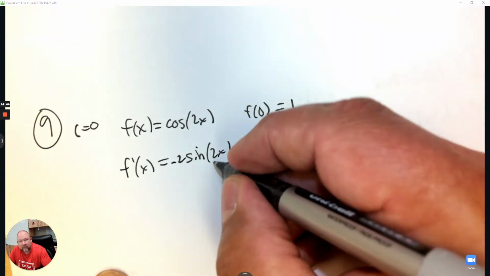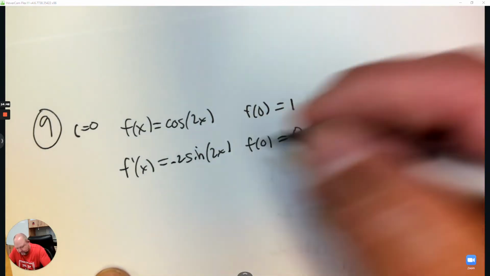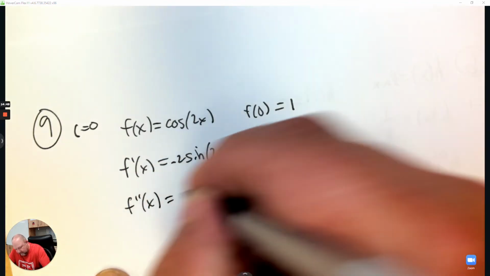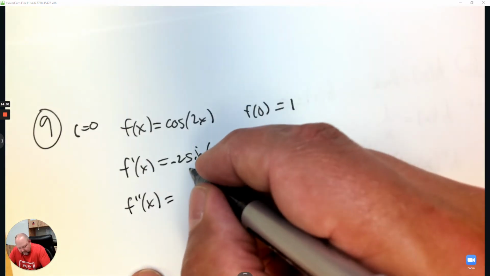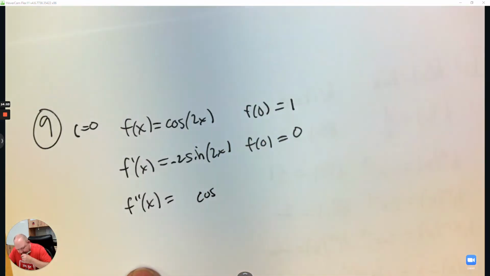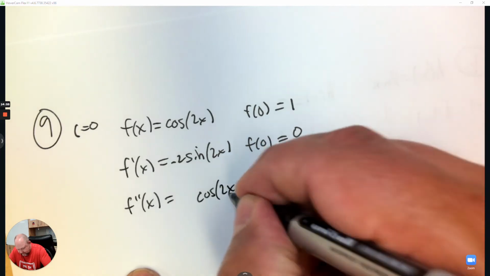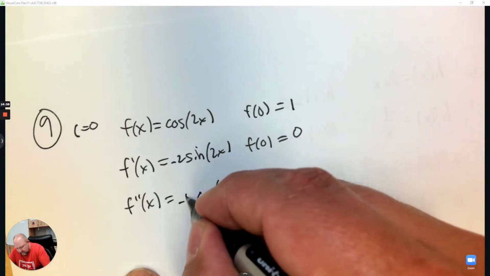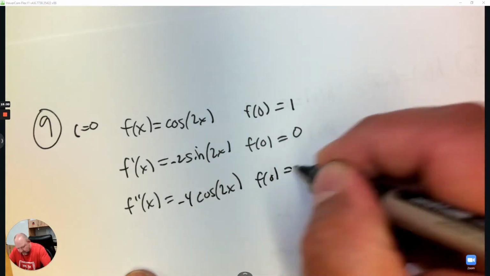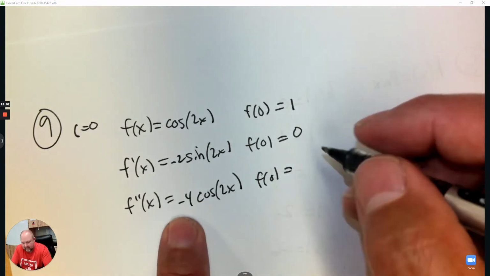If I plug in 0, the value of sine at 0 is 0. Sine is cosine. The hook makes it negative 4. Plug in 0, you get 1, but it's negative 4 times 1.